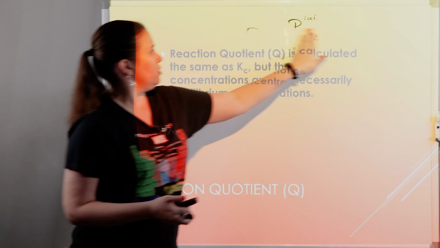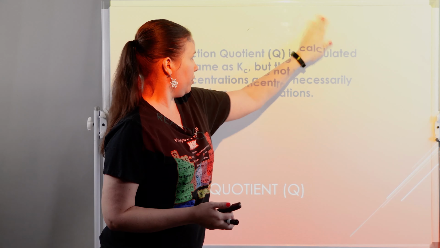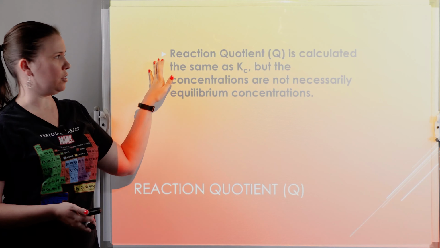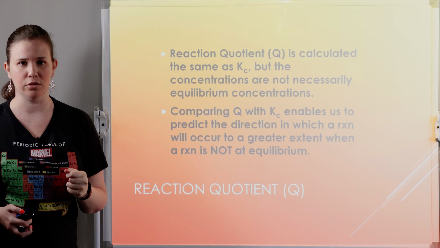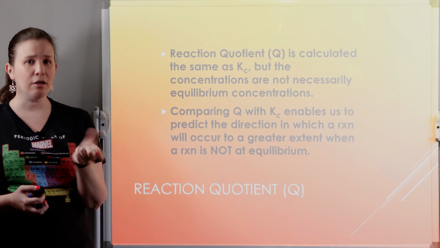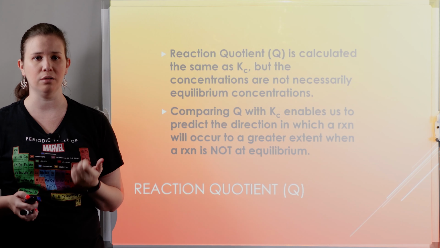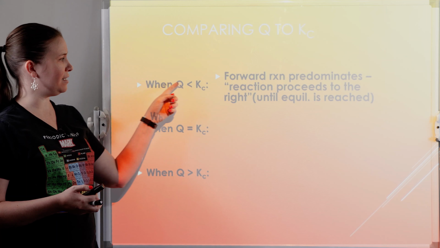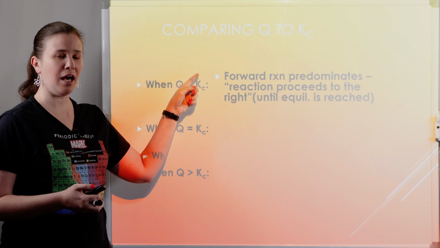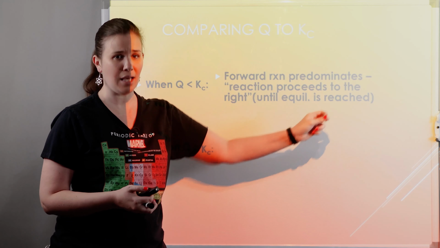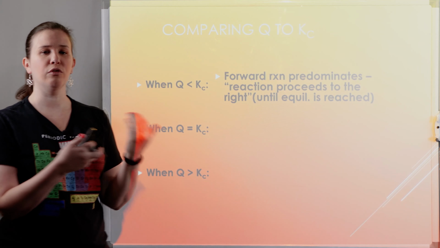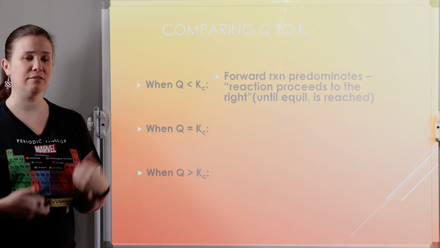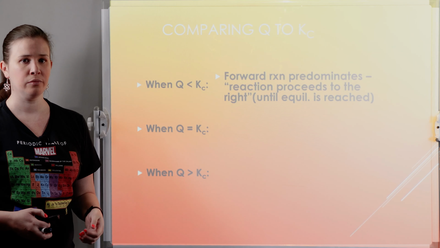So our reaction quotient is calculated the same, as I've said now a couple times, but it's just not necessarily the equilibrium concentrations. That comparison of Q with K is what it's all about. So if I have a Q that is less than K, that means I haven't quite reached equilibrium yet, and so I need more of a forward reaction. I need to favor my products.